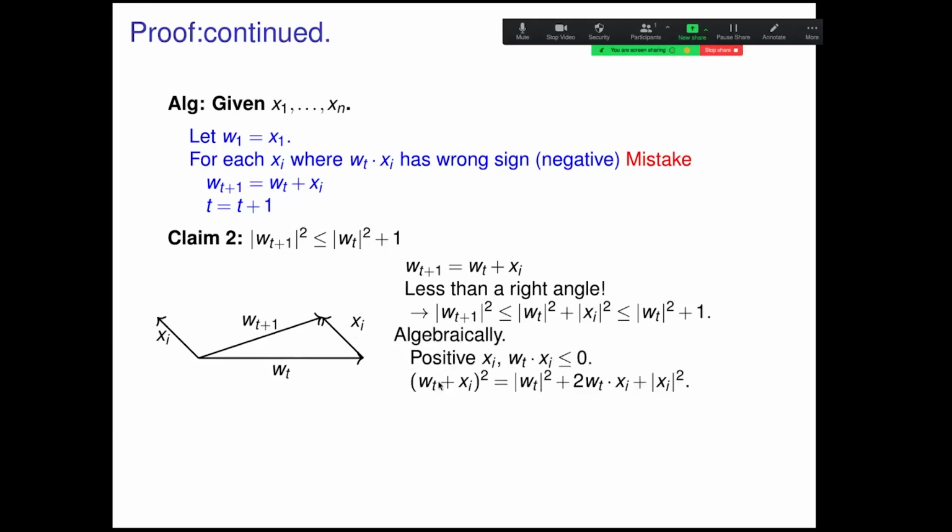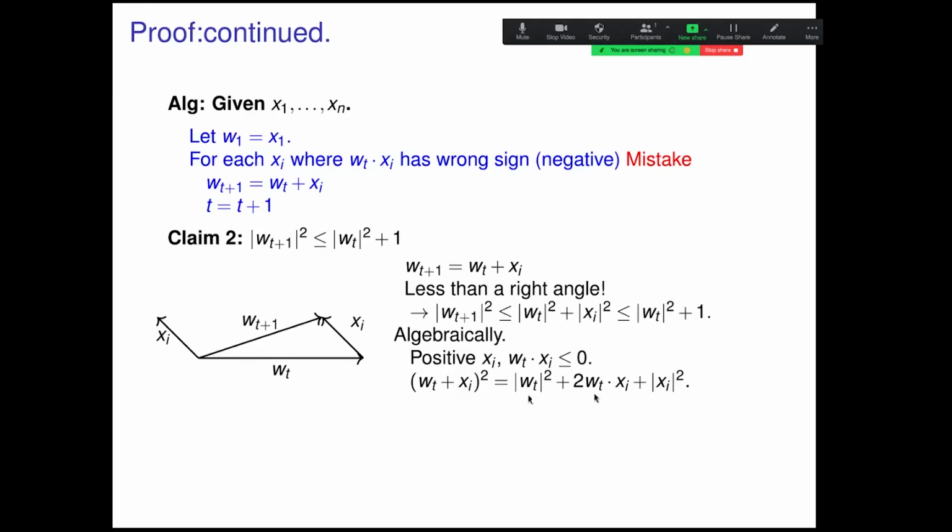You can say wt plus xi squared is equal to wt squared plus xi squared plus two times the dot product. This is just squaring two things, and then you do the dot product, and this is now negative, right? Wt dot xi is negative. That's our assumption. So you don't have to do geometry at all if you don't want. We're just using the fact that wt dot xi is negative.